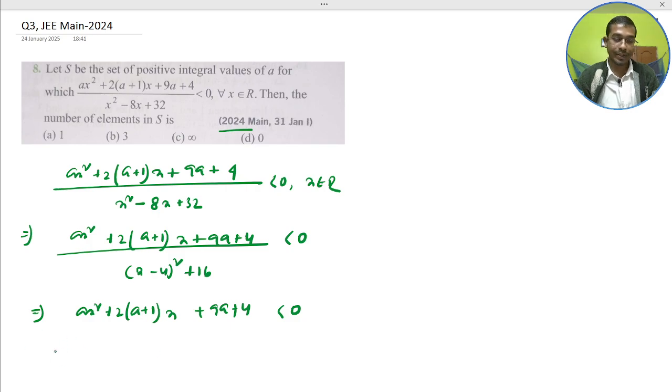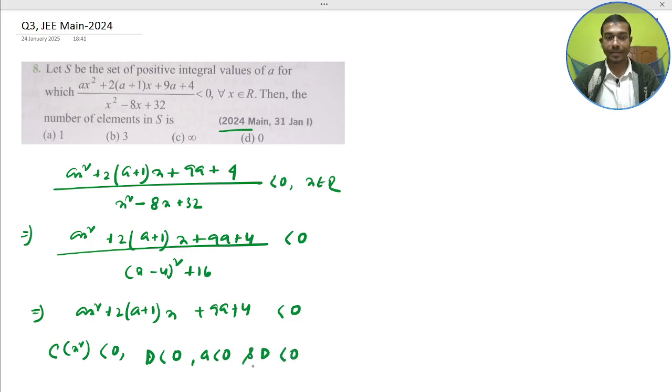The coefficient of x square is positive, so for this to hold, a must be negative and D negative. We will discuss this in the chapter summary class.